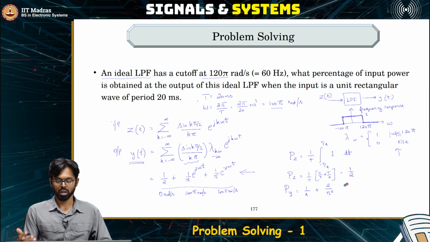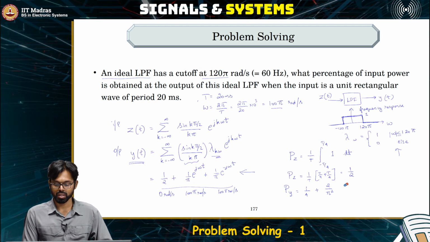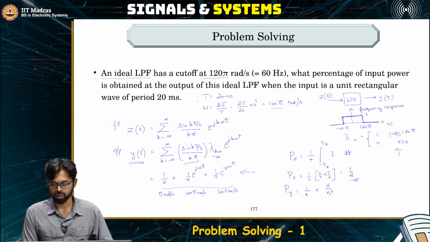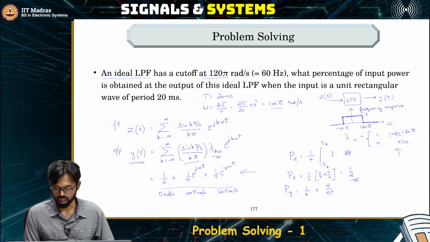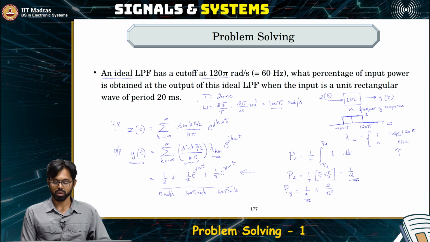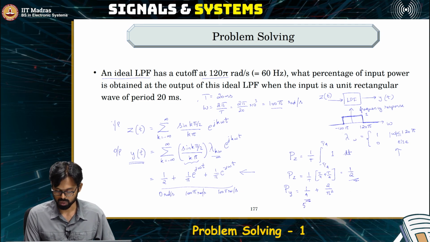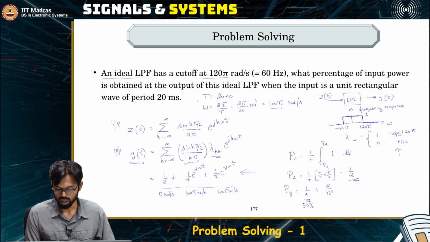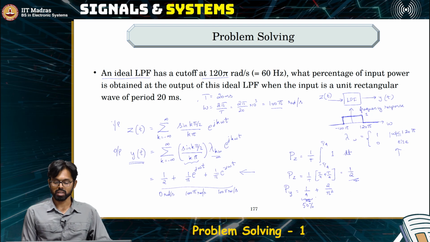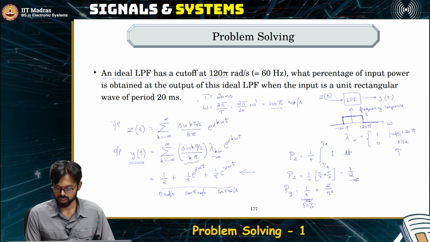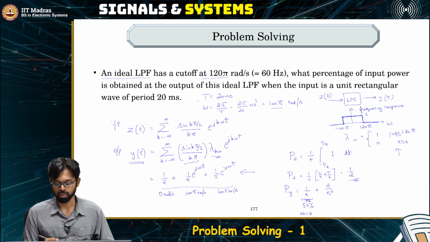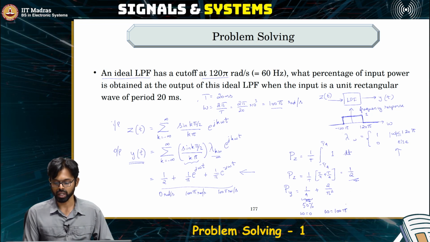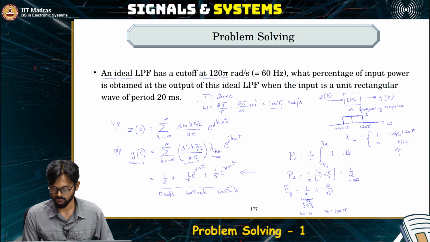So, what have we effectively found out here? We have found out the output power. The input has a power of half. Of that, the DC value at the output takes 50%. So, how much is 1/4, right? So, 50% of the input's power is actually present in the frequency omega equal to 0. And at omega equal to 100 pi, the remaining power is present. So, what is this remaining power?